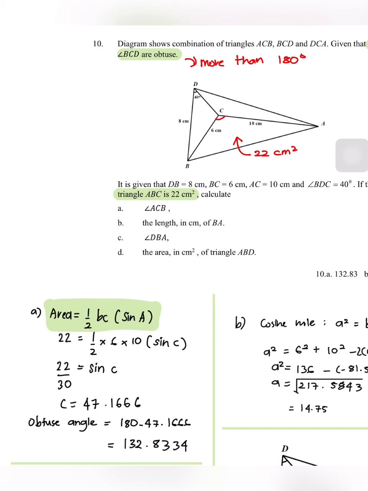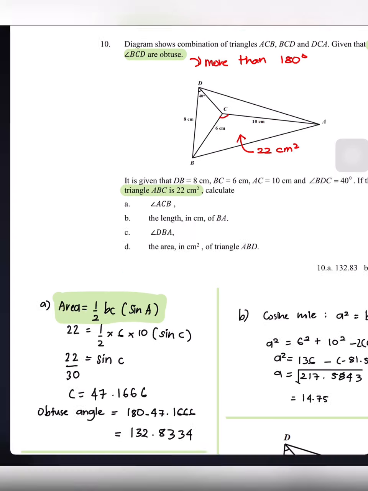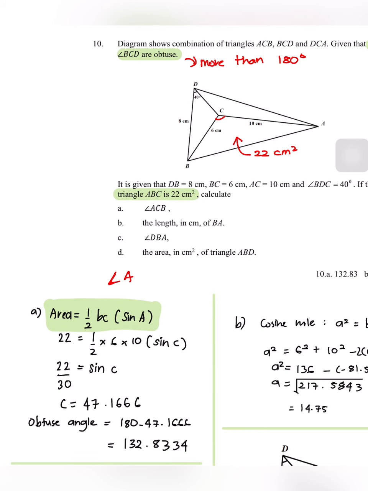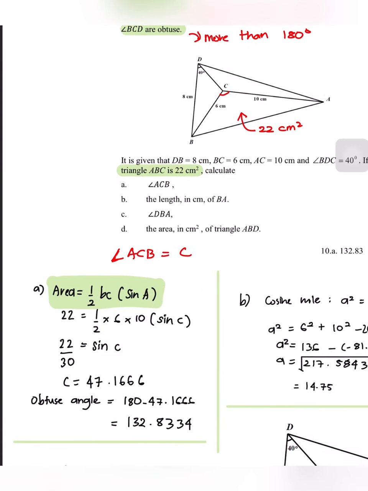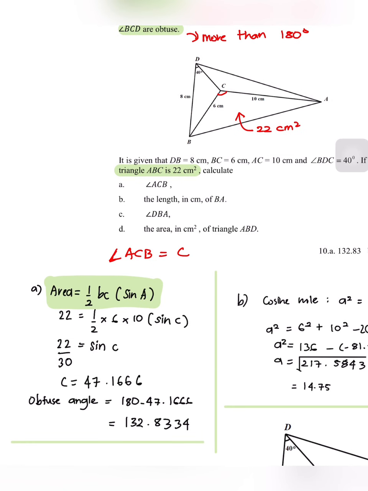So the area is 1 over 2 bc times sine A. This is our b, this is our c, and this is the angle that we're going to find, which is angle ACB, which is actually angle C. So we just plug in the values, 1 over 2 times 6 for b and 10 for c, times sine C. Taking inverse sine, we will get 47.1666.